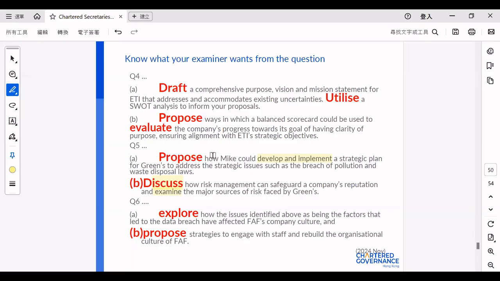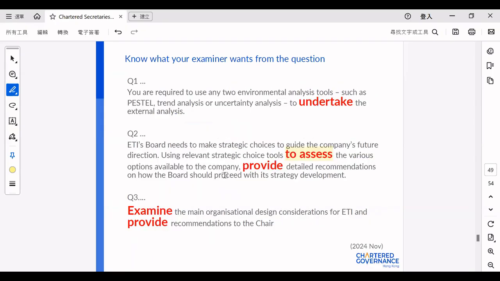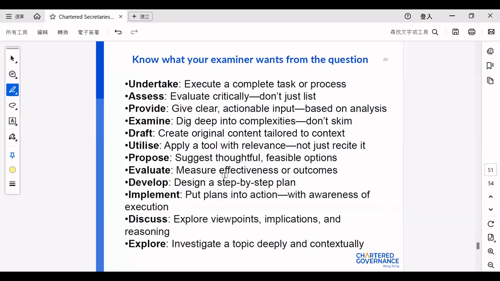And then you have evaluate, develop, and explore questions. When you evaluate, I think you need to use KPIs or a balanced scorecard or whatever to show the progress of the strategy.